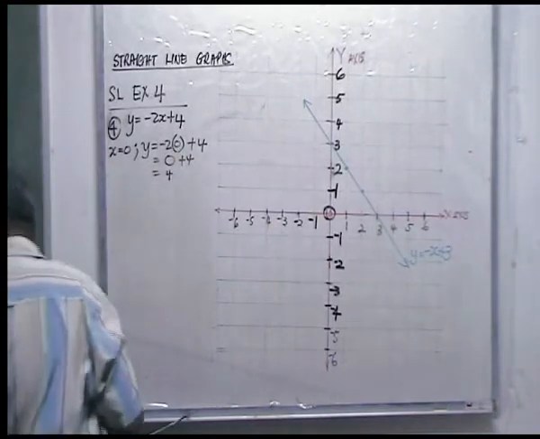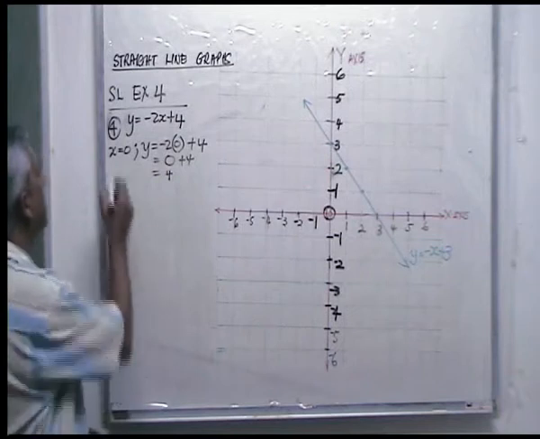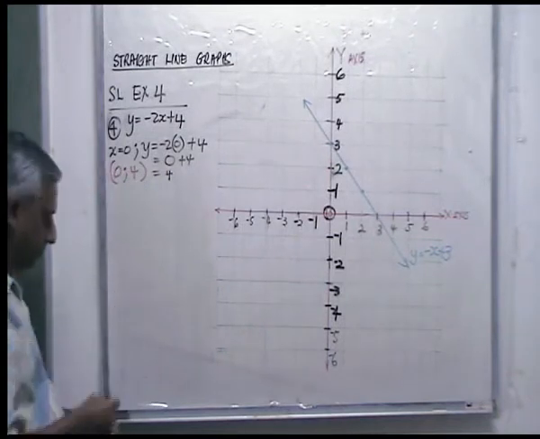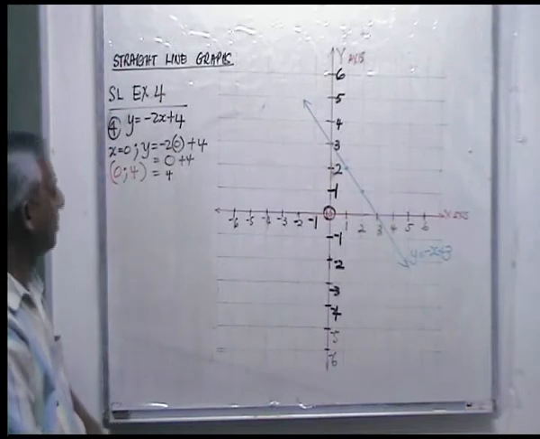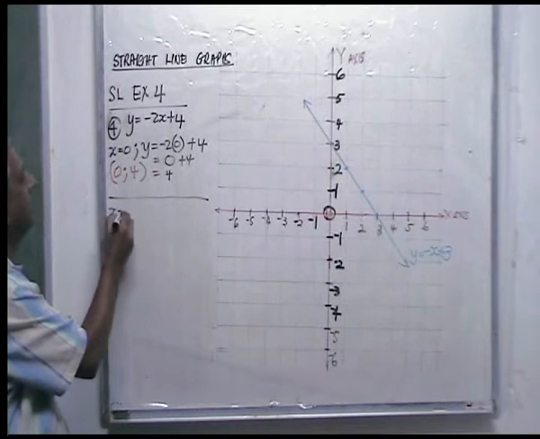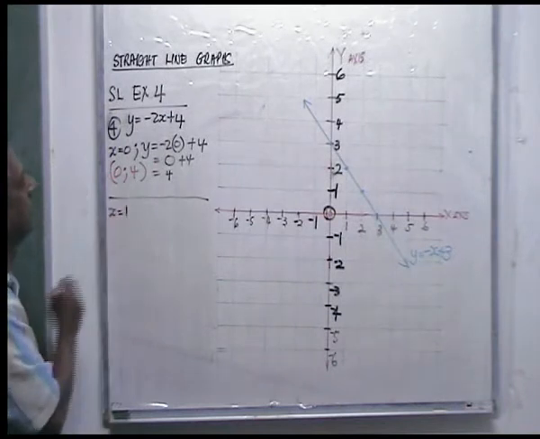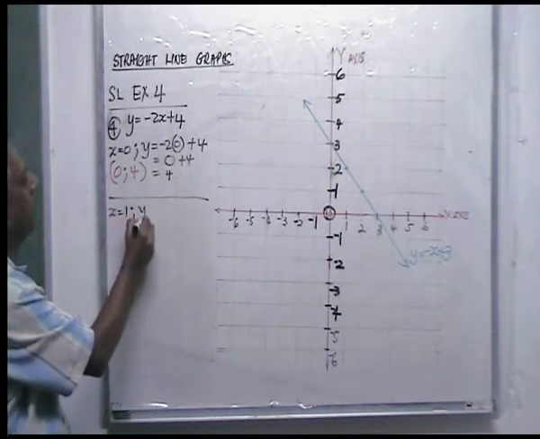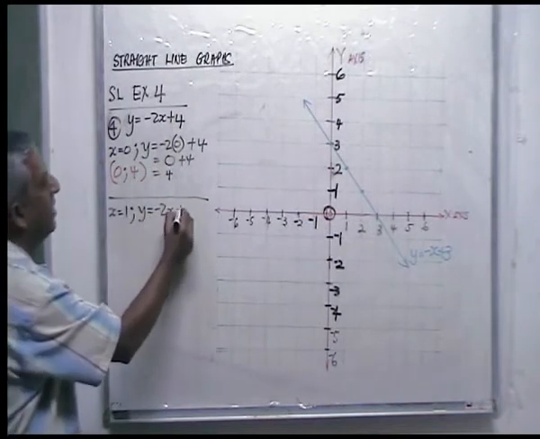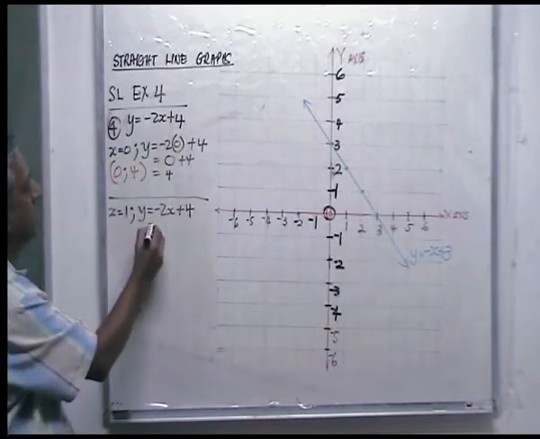So your first ordered pair is 0 and 4. Right. Let's move on to the next one. If x is 1, then y is equal to minus 2x plus 4.